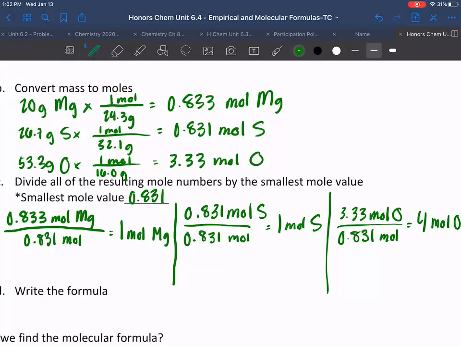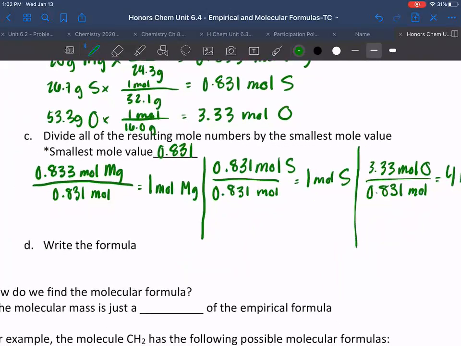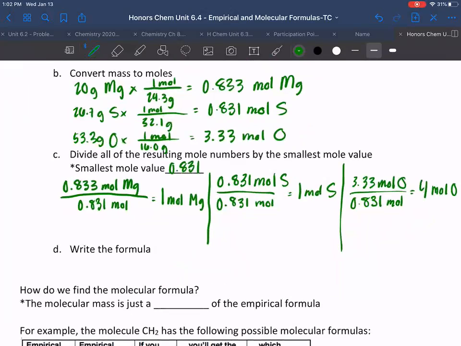So again, we're rounding to a whole number. This may not be exactly 4. It rounds to practically 4. So now for writing the formula, magnesium, sulfur, oxygen, 4.